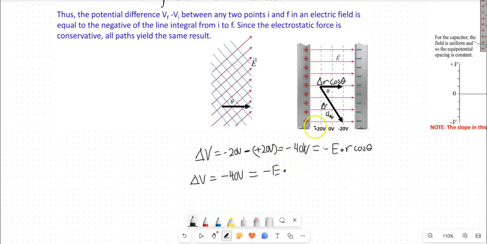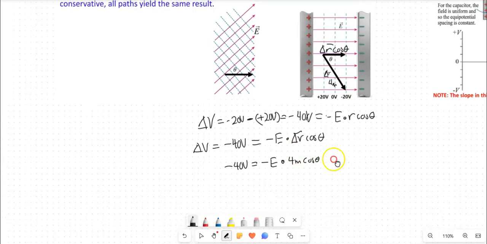I'm going to write cosine theta. So this negative 40 volts is going to be equal to negative E dot, and they're moving to the right, so this is a vector component right here, 4 meters cosine of theta.